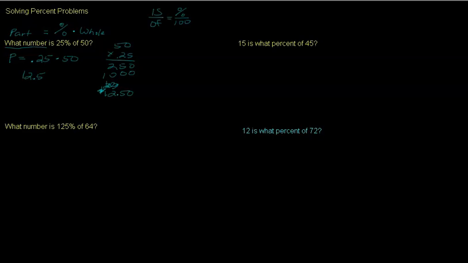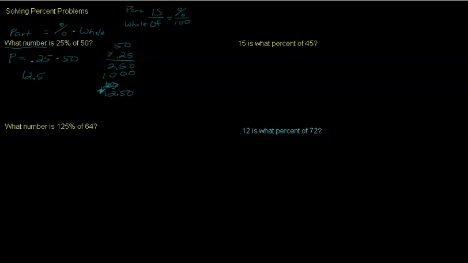I'll show you the same thing using this. Is over of equals, and again, the is is the part, and the of is the whole. Now, I would not use this on this one because you know that it's 25% times 50, but I'm just showing you so you get used to it.